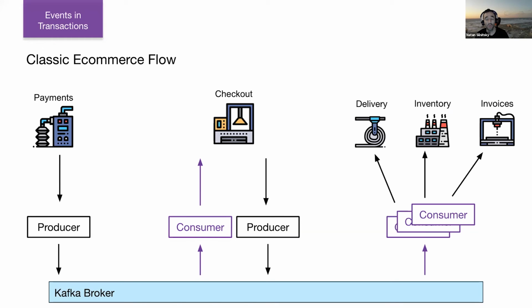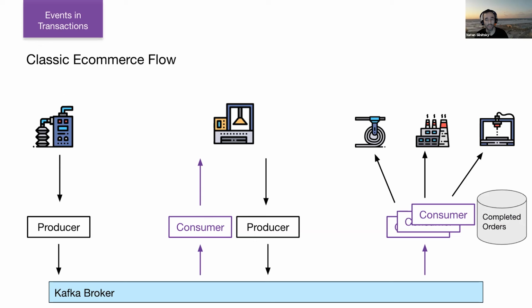Now, we really don't want the delivery service delivering items twice, right? Or inventory being reduced twice, or sending 2 invoices or 3 invoices because we unfortunately got the messages more than once. So how do we solve this?